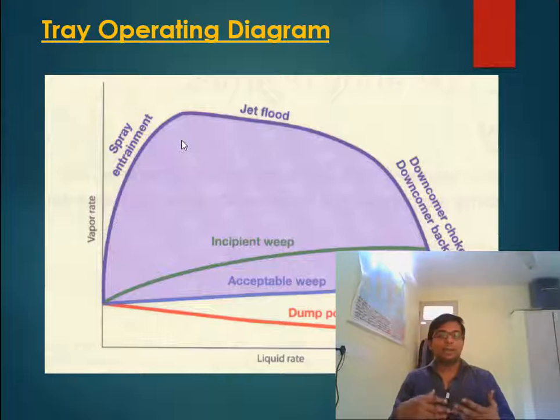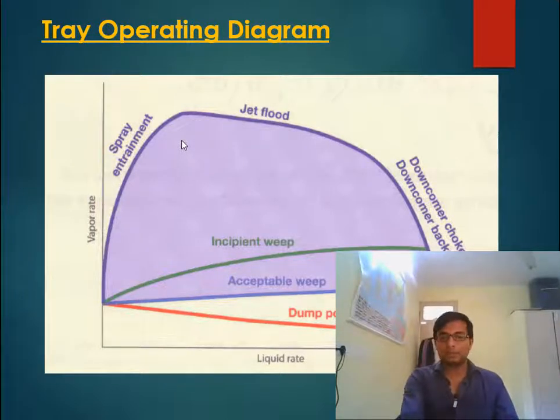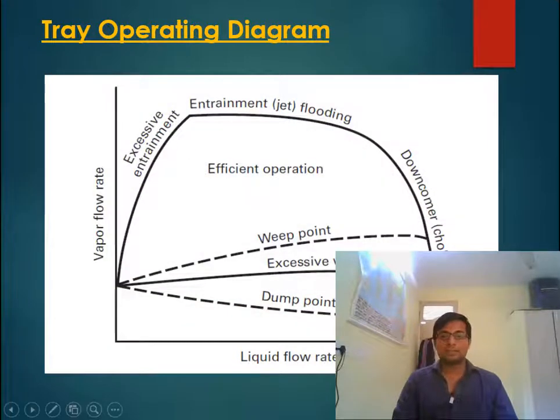Usually at high vapor flow rate, entrainment increases, and excessive entrainment may lead to spray entrainment flooding. Because of that, in other sources like Kister and Hanley, instead of spray entrainment, it is written as excessive entrainment.